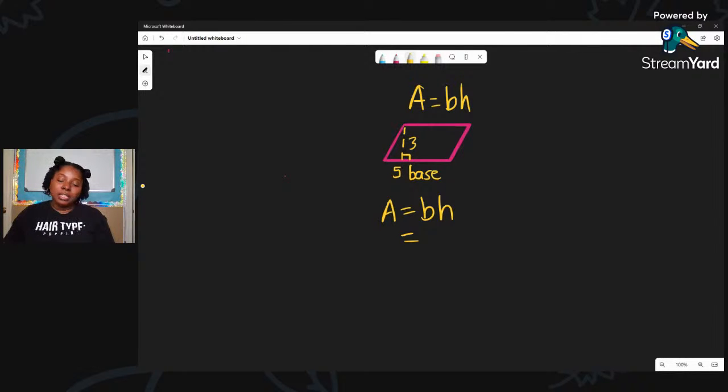And I teach my students side by side, we multiply. When you see these two letters next to each other, this means base times height. The base is 5, the height is 3. Okay, they are side by side, and side by side, we multiply. All right, and 5 times 3 is 15.